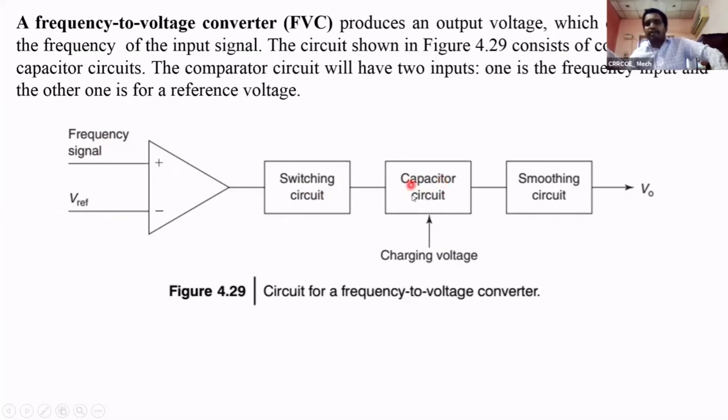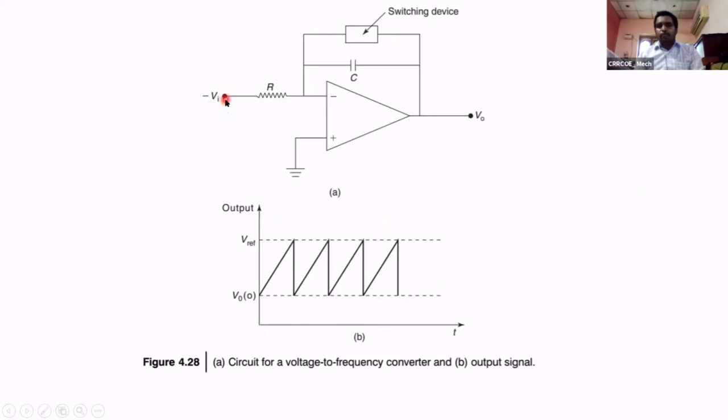Here the frequency is changed into voltage. This is the smoothing circuit, and finally we get V out. Here the frequency is converted into V out, whereas in the previous case the input voltage was converted into frequency.